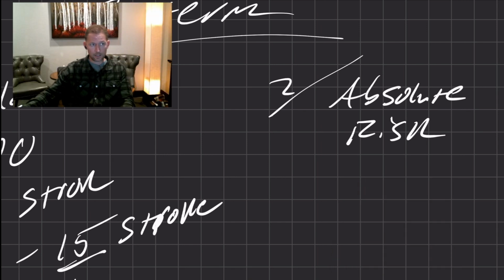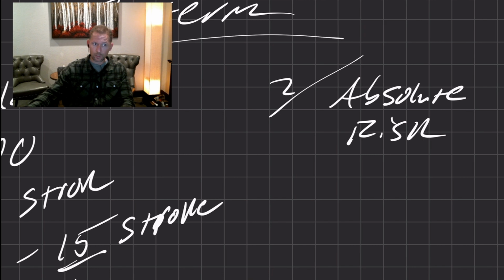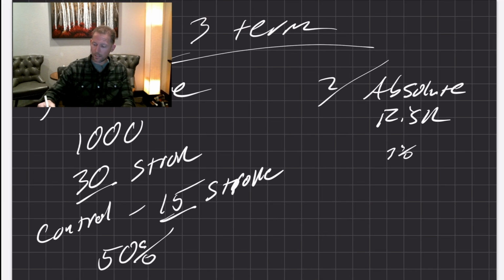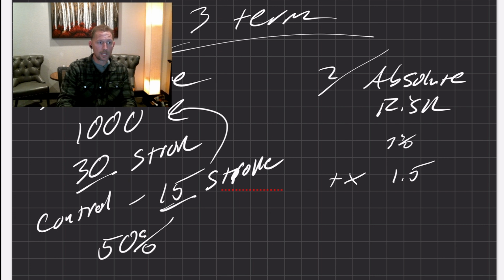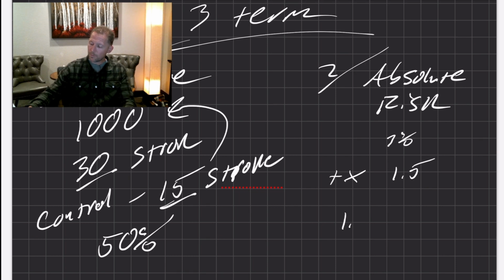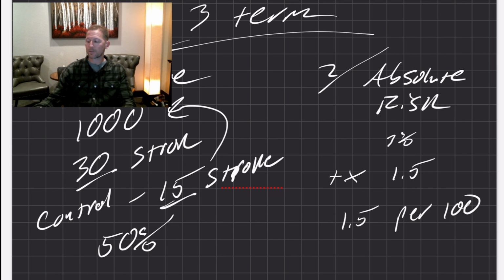So for example, let's go back to the blood pressure. If the risk in the control group is, say, a 3% chance, so 30 out of the 1,000, and then in the treatment group it's 1.5%, what this would mean is there were 1.5 fewer strokes per 100 people.